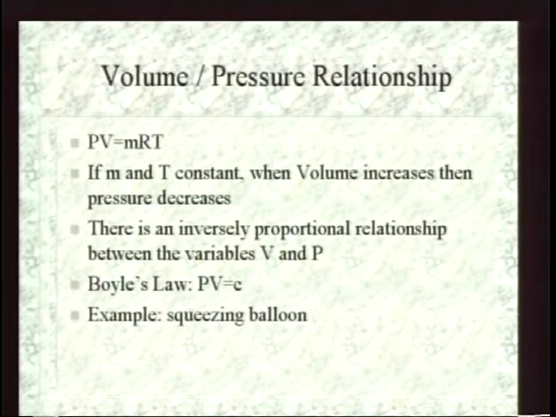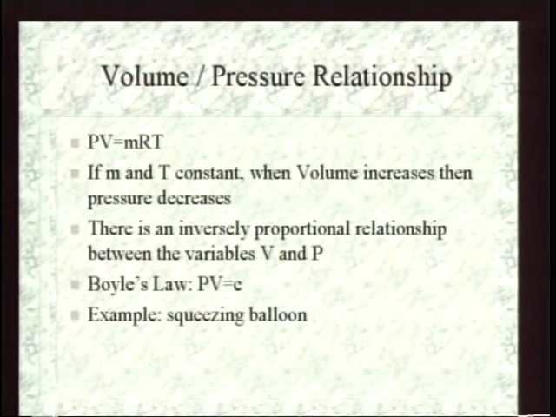And if the volume decreased, then the pressure would increase. So there's an inverse proportional relationship between V and P, and that's where we got Boyle's law, where pressure times volume is equal to a constant. So if one goes up, the other one has to go down.